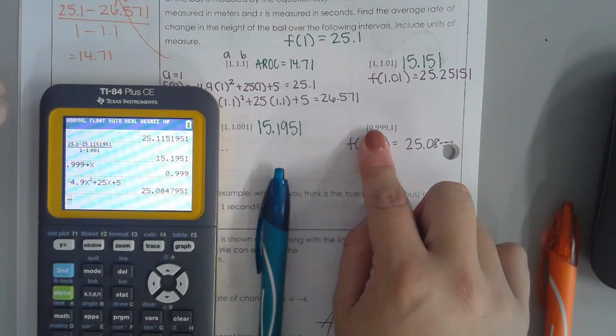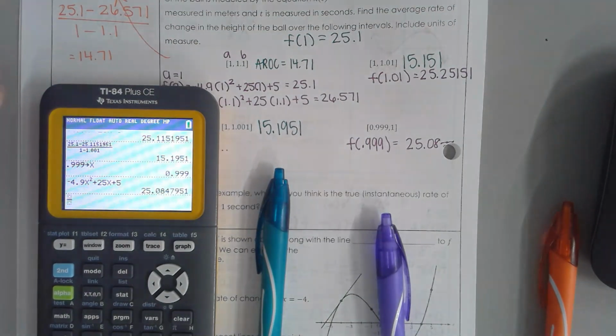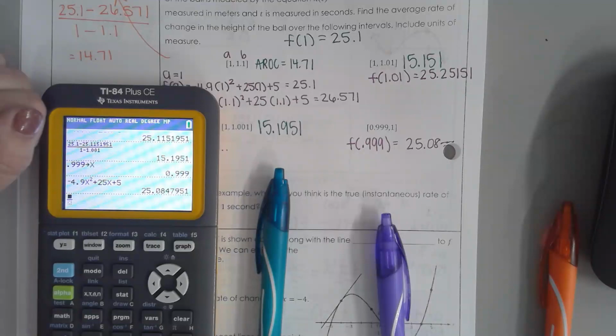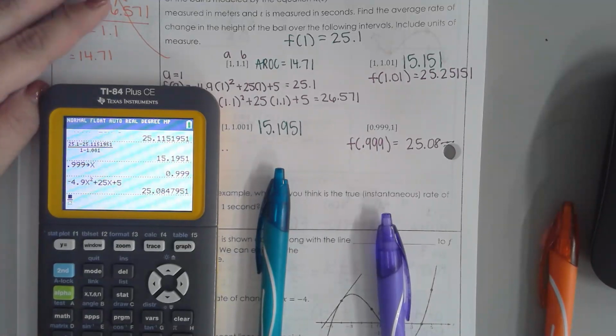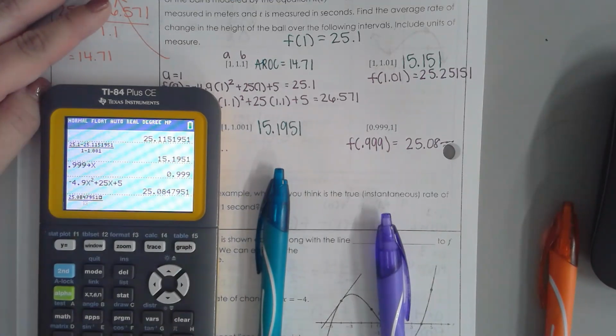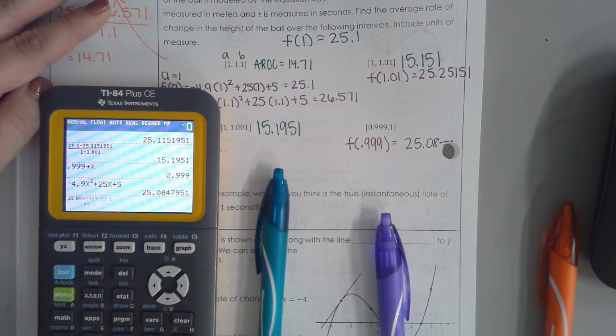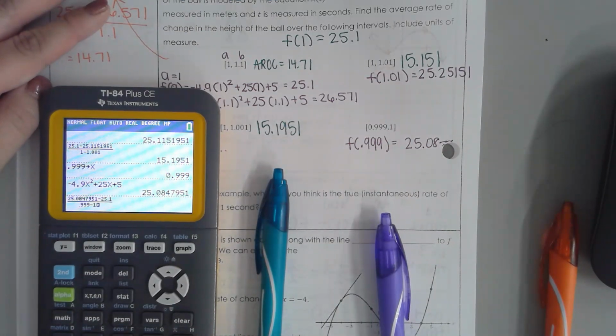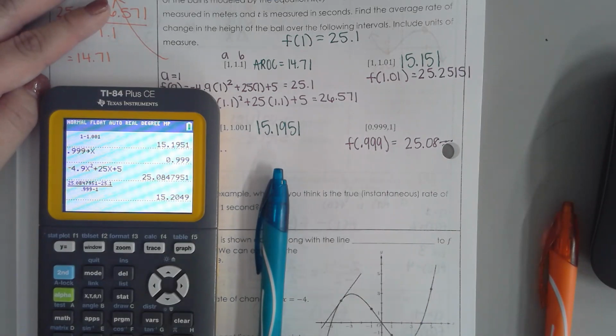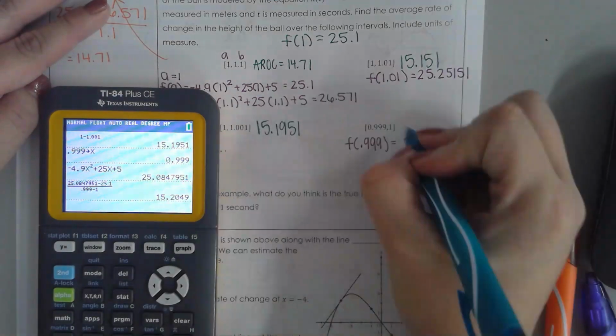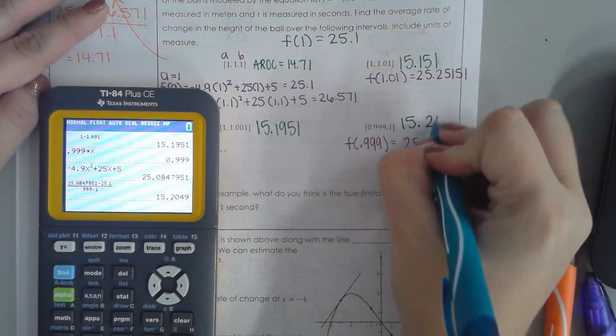It does not matter if you do the 25.1 and the 1 first, as long as they're together. You either do them both first or you do them both last. Okay, so that minus 25.1 over 0.999 minus 1. 15.2049.